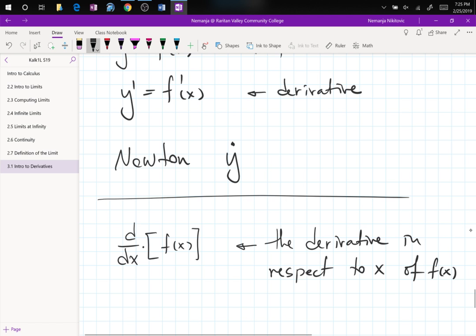So you have the operator which says take the derivative. So technically this says take the derivative of f of x. So this word of is for multiplication. That is there.